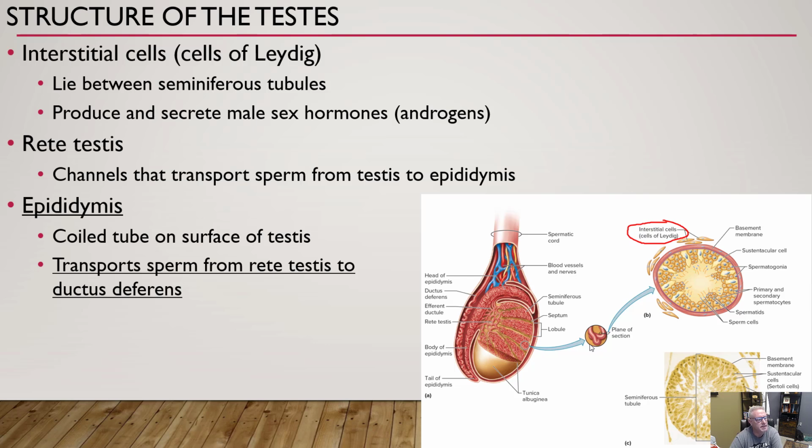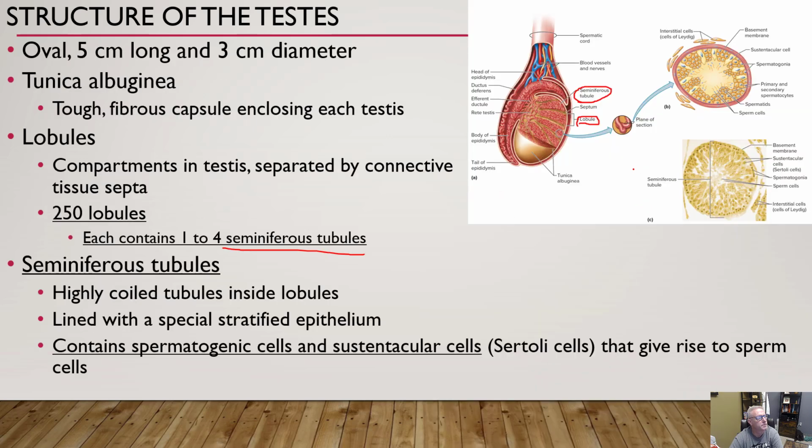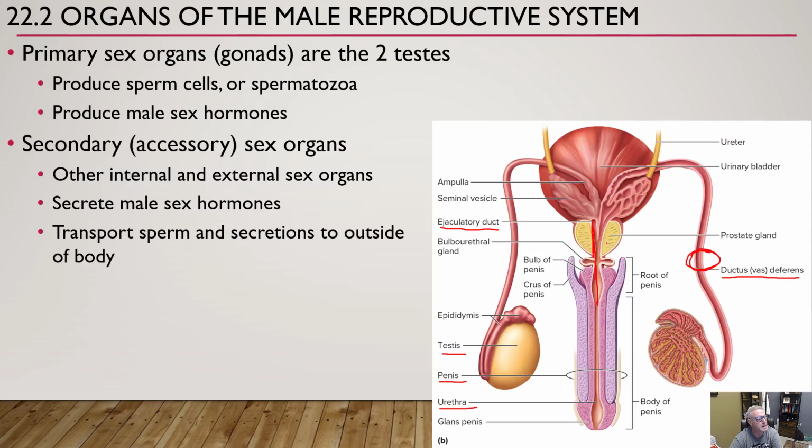The rete testis is the channel that transports the sperm from the testes to the epididymis. So here you can see the epididymis.